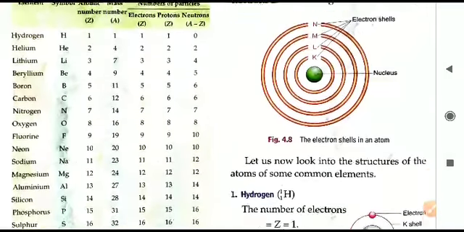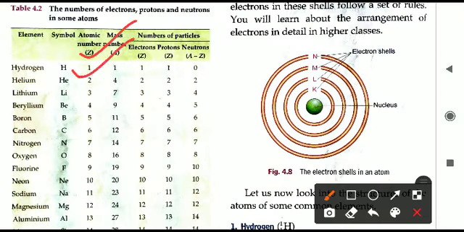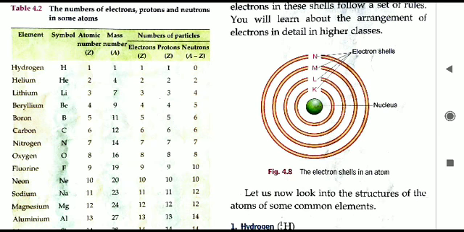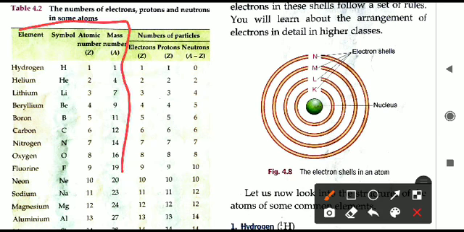This table is given, this you have to learn already, we have told you. What you have to learn? Not all, only these columns you have to learn. Proton, electron and so on, you can easily calculate, I hope so. You see here, whatever the atomic number is, that only will be the protons and electrons. Same it will be, so no need to learn. Same number you have to write.